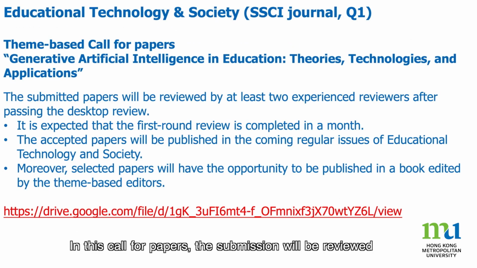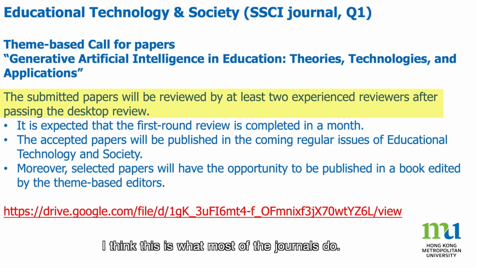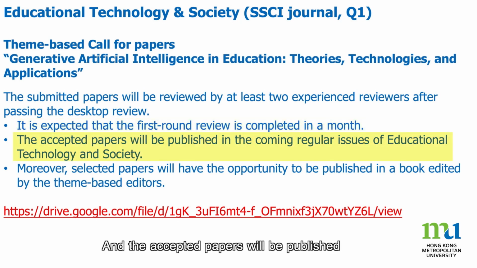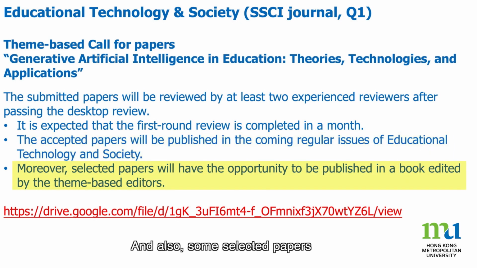In these papers, the submission will be reviewed by at least two expert reviewers. I think this is what most journals do. And we expect that the first round of review will be completed within a month. And the accepted papers will be published in coming regular issues. Also some selected papers will be published in a book.